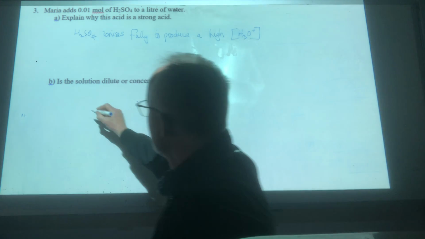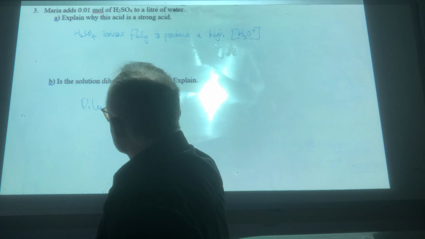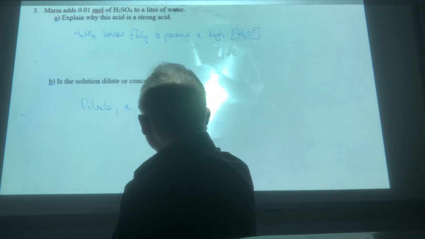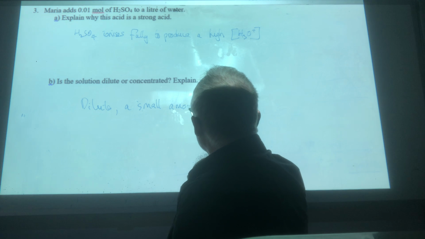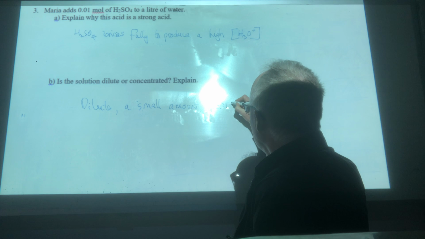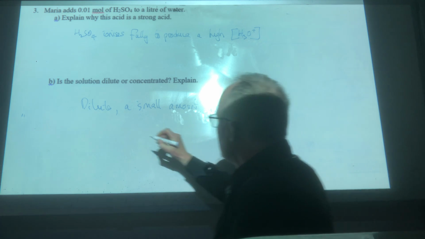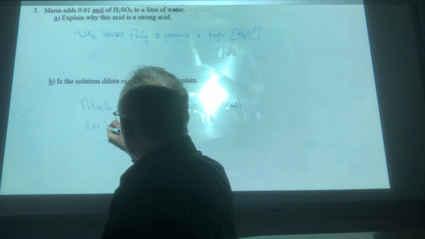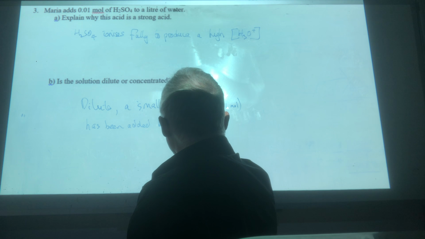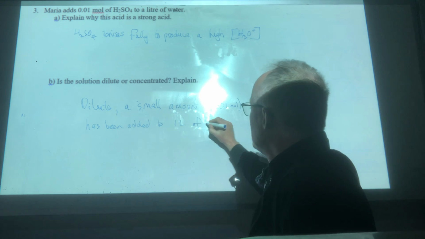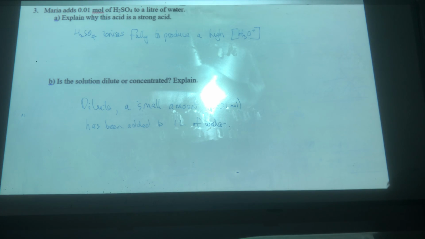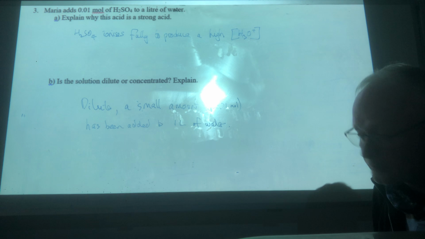That is dilute because such a small amount, only 0.01 moles, has been added to our 1 litre. So a small amount in a large volume, therefore it's a dilute solution.